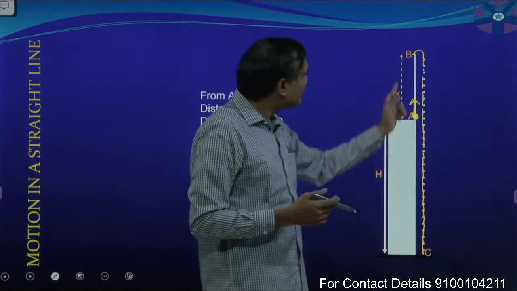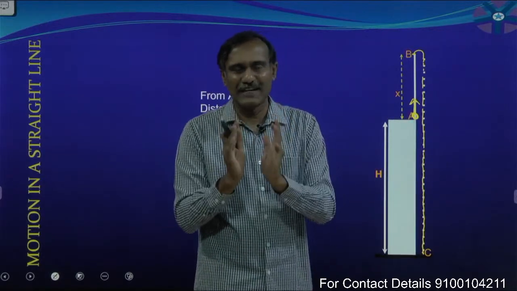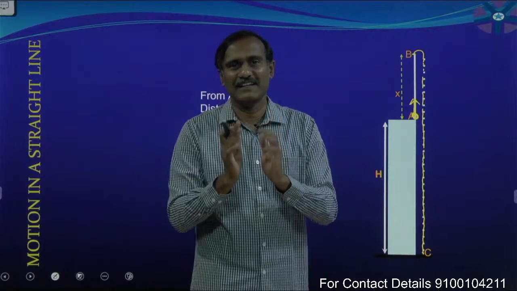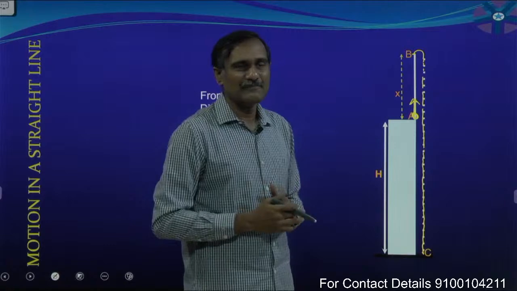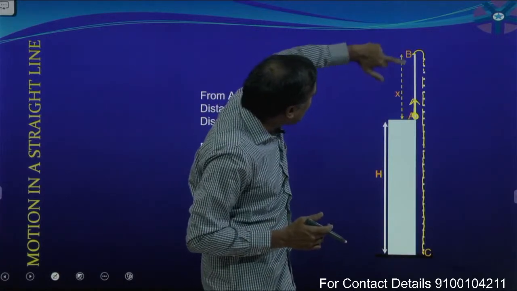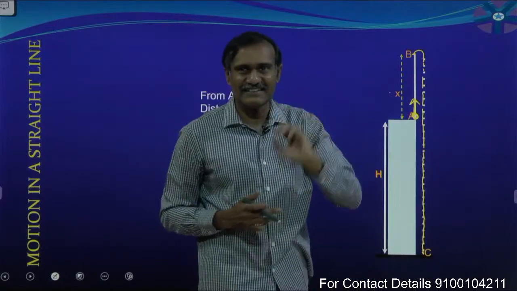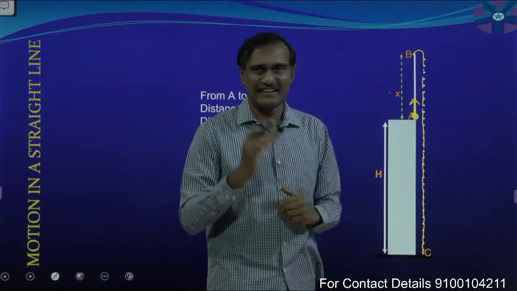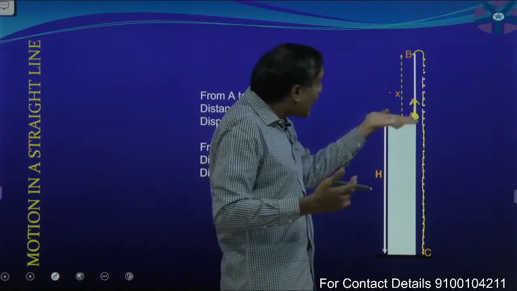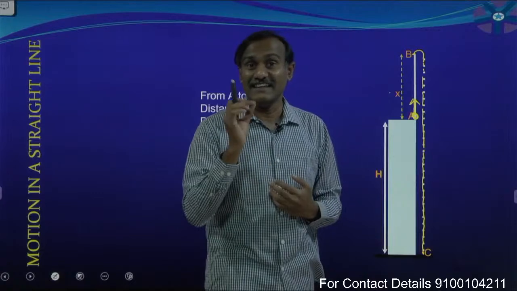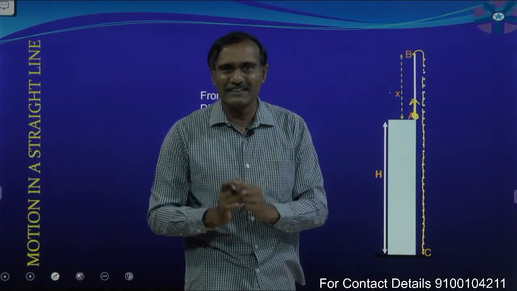Now, for this complete journey, I am going to calculate path length, nothing but distance. Here, this height is already given as x. That height is x, remember that. That means the maximum height attained by that object above the top of the tower is x. Now, we want to calculate path length.